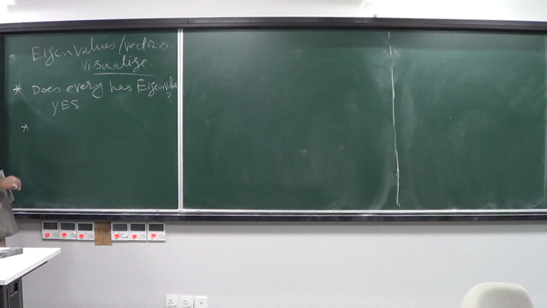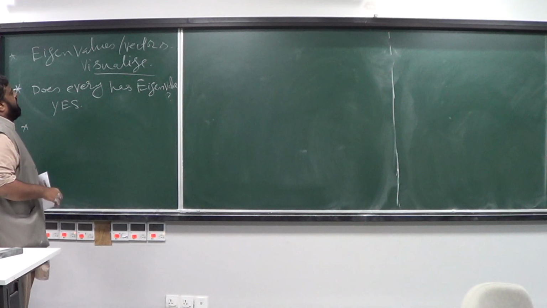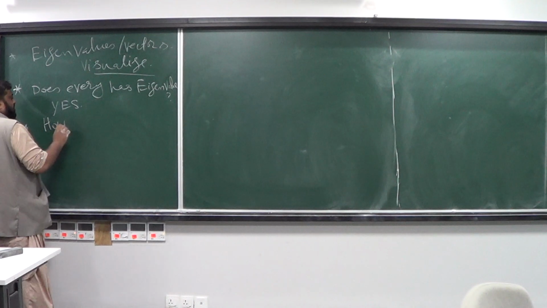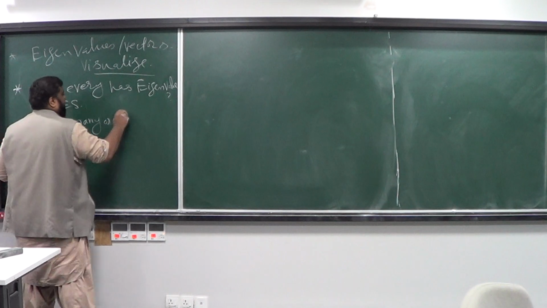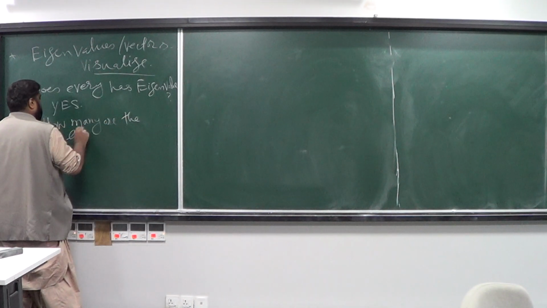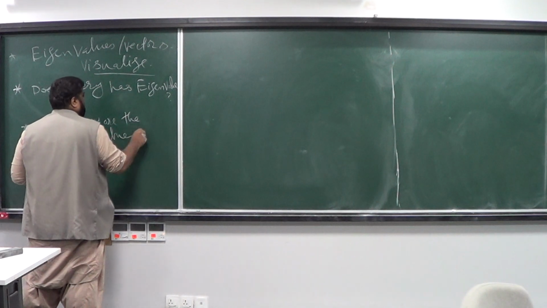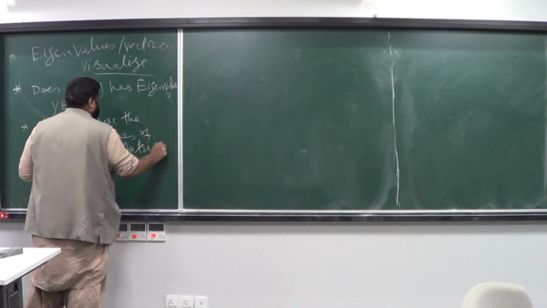Then we will move to a very natural question next: if there is an eigenvalue of a matrix, how many eigenvalues does a given matrix have?